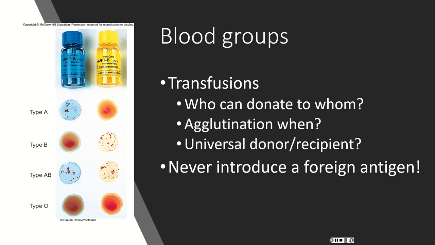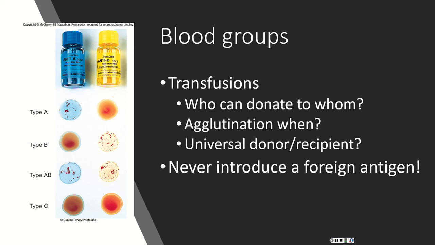So who can donate to whom? I'm not going to go through all of them, but someone who is blood type A negative, that just means A is the only antigen they have. So they can donate to A negative, A positive, AB negative, AB positive, because in all of those cases, we are only introducing A antigens, which is something that that person already has.